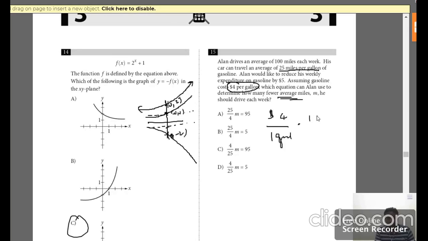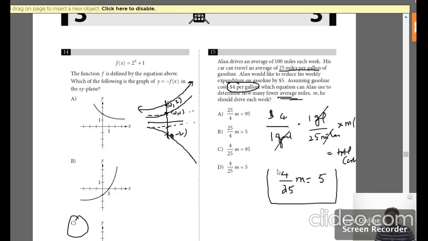I'm taking the reciprocal, so you get 25, and then miles times m miles is equal to total cost. So miles and m miles go out, gallon and gallon go out, so basically you are left with 4 over 25 m is equal to C, for 100 miles each week. Since he is reducing by 5, the total cost is reduced by 5. So you can say this is what your options are. Moving on to the next one.